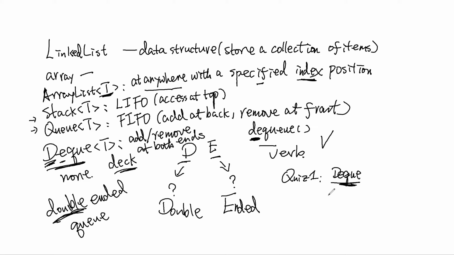What a deque is. Okay, you can write it down. Deque is what? Double-ended queue. Okay, double-ended queue. So that's some review of the data structures we learned.